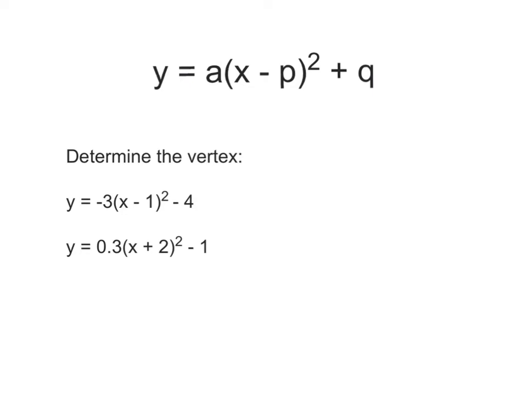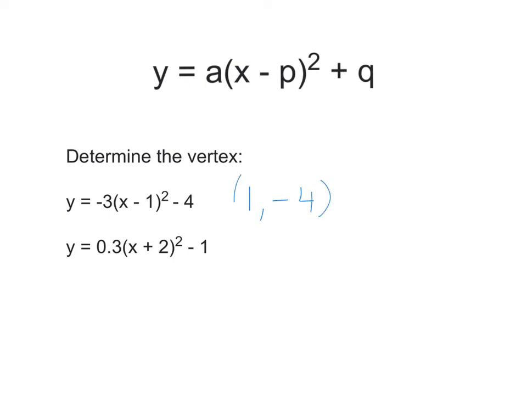Here we have two quadratic equations in vertex form. And I just want to know, we're going to do more than just this, but determine the vertex. So if we look at that first one, y equals -3, x minus 1 squared minus 4. Write down what you think the vertex is. The vertex of the first one, who would like to share their answer? 1, -4.